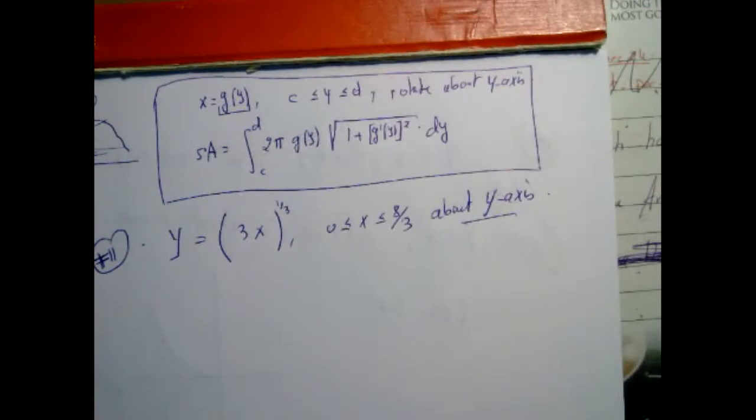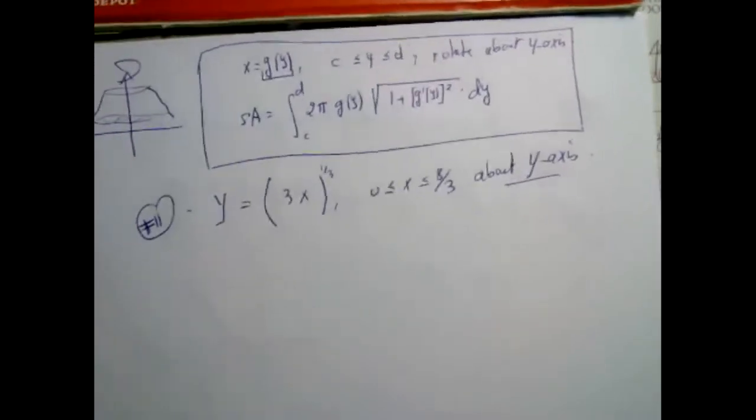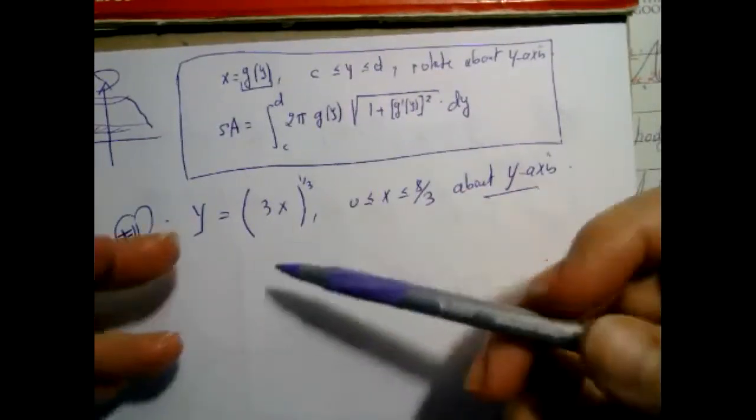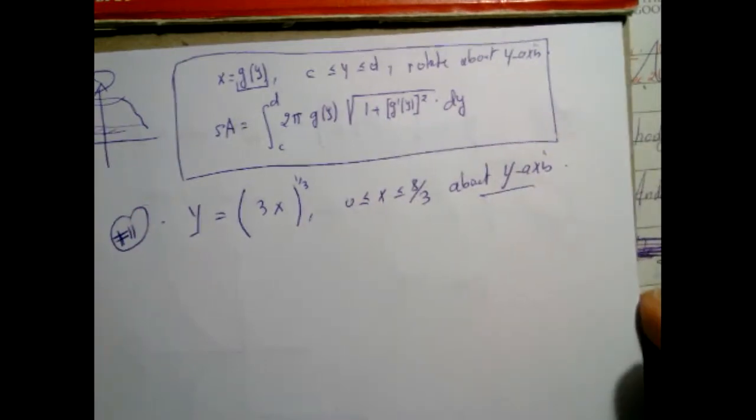So if x is a function of y, or basically if we rotate about the y-axis, that's how we have to use this formula. Instead of doing everything with respect to x, we do it with respect to y.